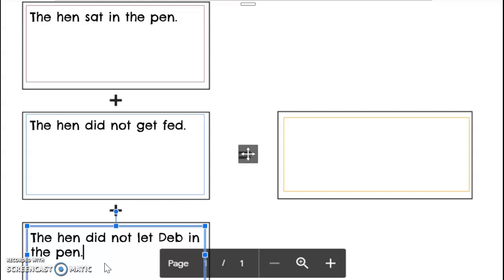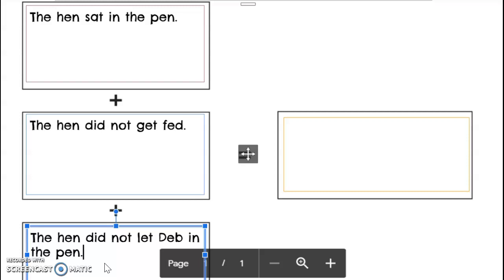So these are our three things about what the hen was doing. She was sitting in the pen. She didn't get fed because she would not come out to eat. And then she did not let Deb in the pen.